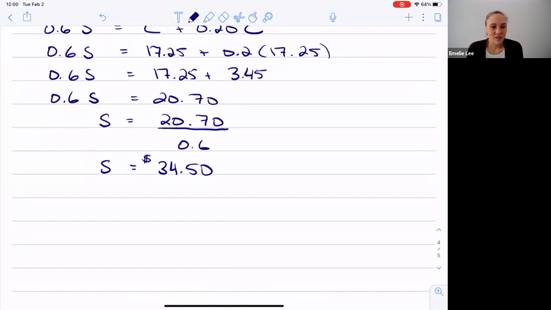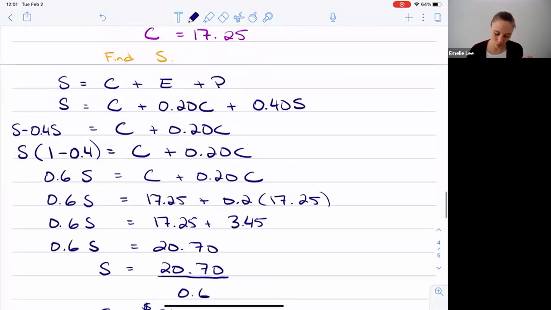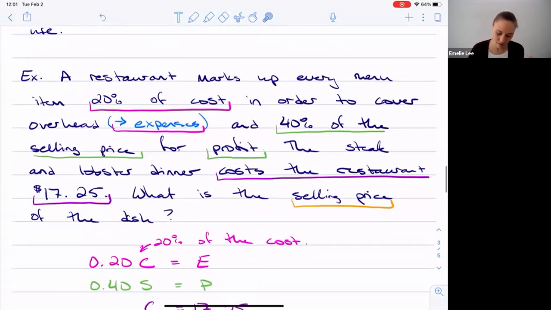Nice. So the selling price of the steak and lobster dinner, once we've accounted for all of this, so 20% of the cost to cover our expenses, 40% of the selling price for profit, and it costs $17.25, then the selling price is $34.50.